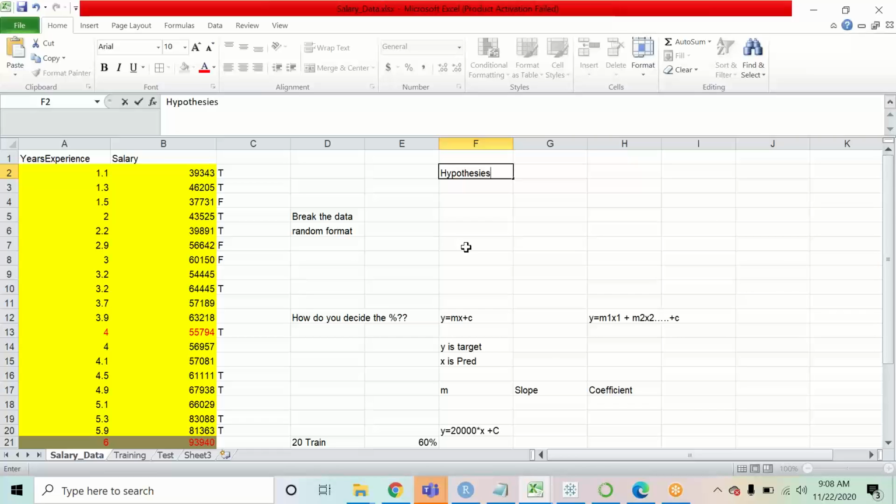If I am creating a linear model, what shall be my hypothesis test? For this salary and experience model that I am creating, what will be my null hypothesis and what will be my alternate hypothesis?